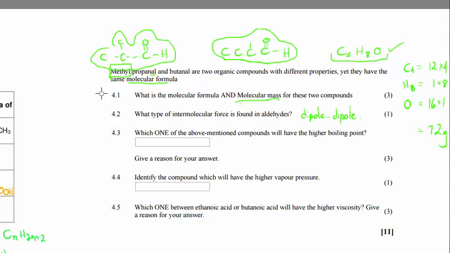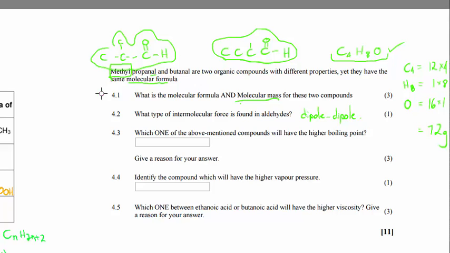What do branches do? They hinder the molecules from contact. They reduce the ability of molecules to get close enough to each other.